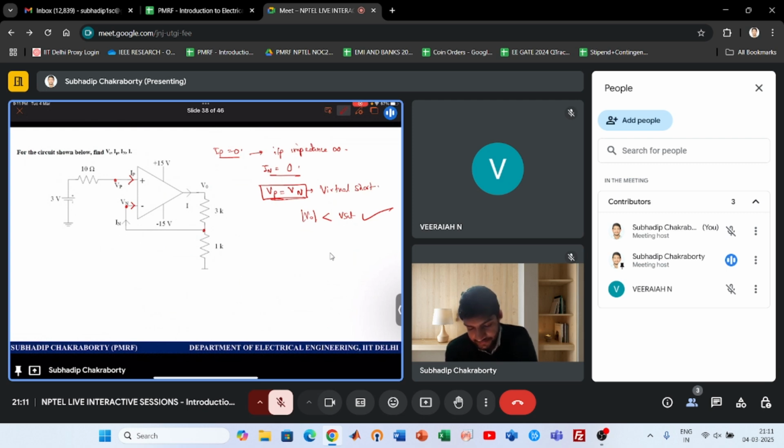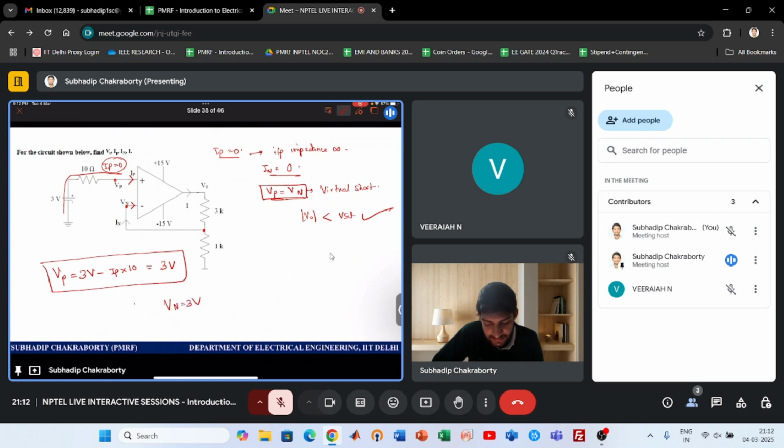Now let's see what is Vp. So what should Vp be if Ip is 0? 3 volt minus Ip into 10 equals 3 volt, which is nothing but Vp.